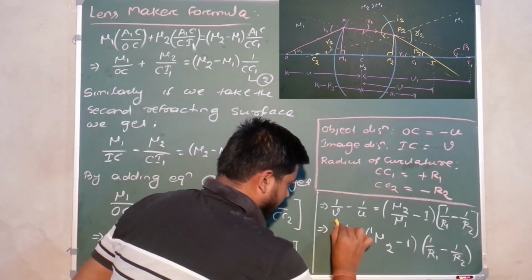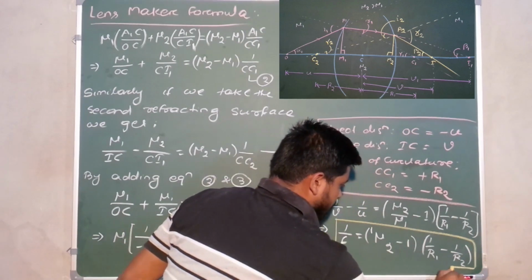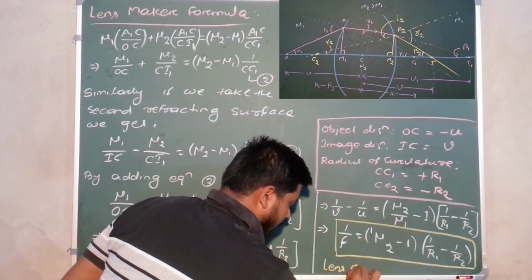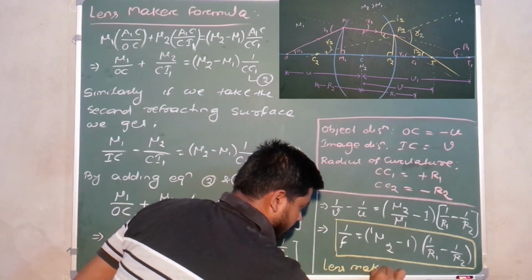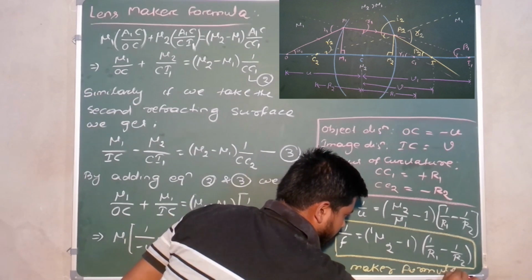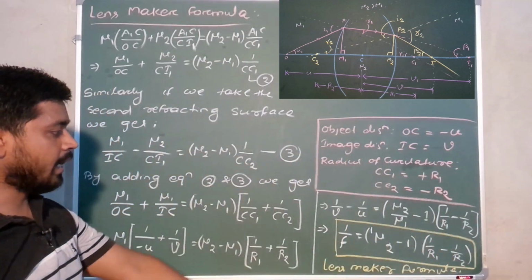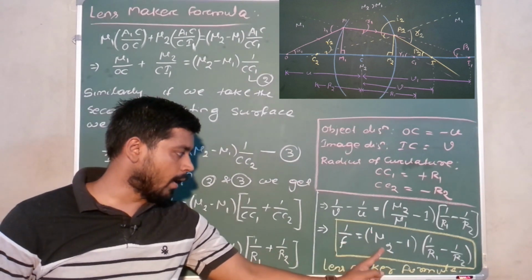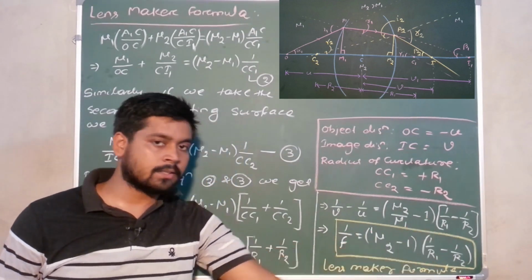This is our required lens maker formula. This is the required lens maker formula. What is this? 1 by f equal to mu12 minus 1 into 1 by R1 minus 1 by R2.